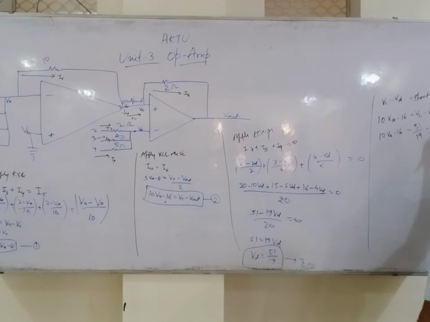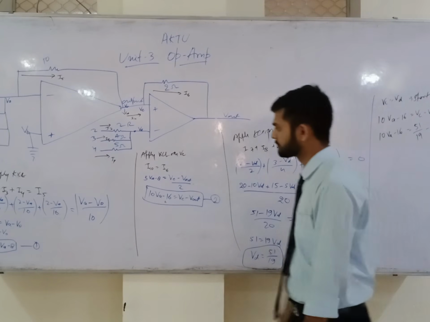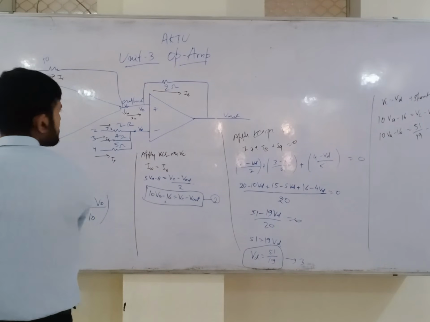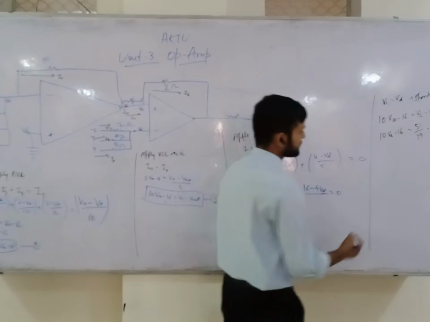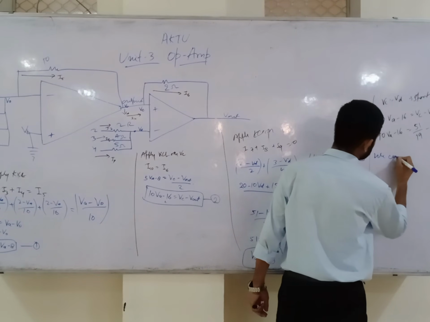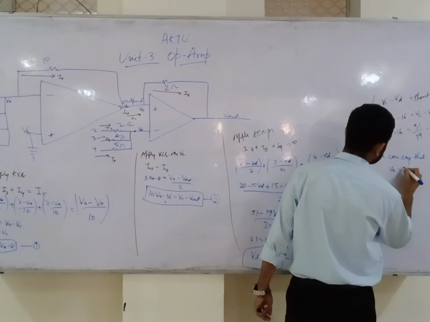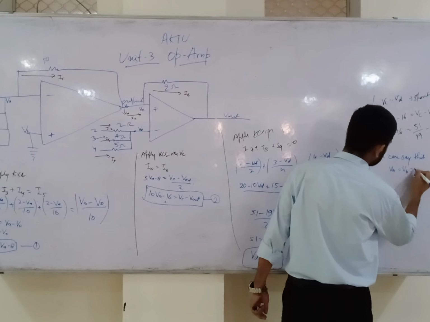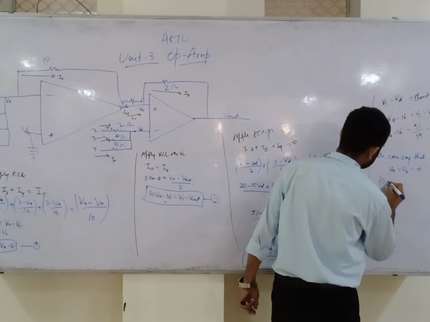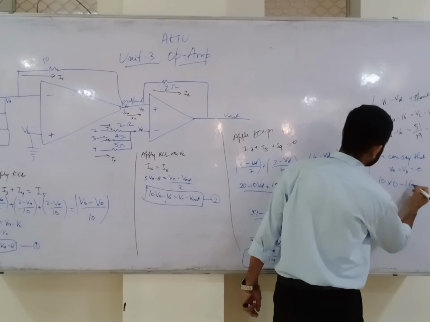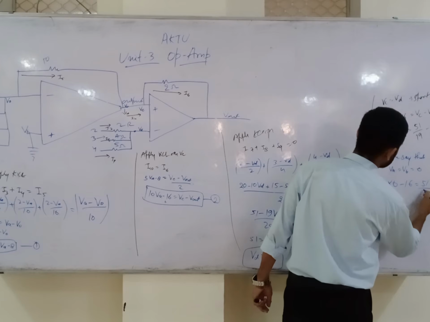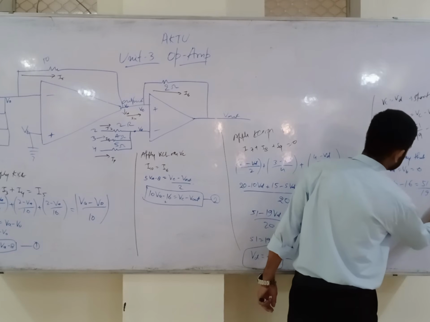Also VA is equal to 0, so 10 into 0 minus 16 is equal to 51 upon 19 minus V output.